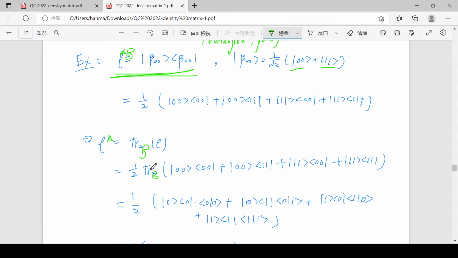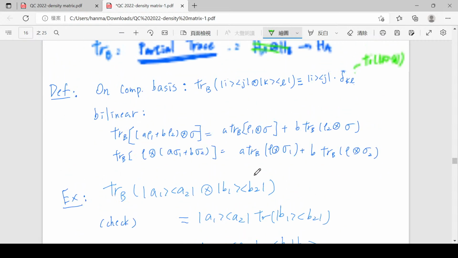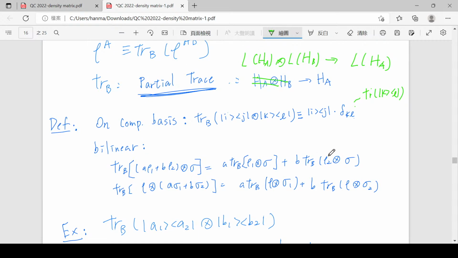So this 1/2, because this is linear, you can pull it out, and you have those 4 things. And here we can just use the definition here, right? We use the definition here.